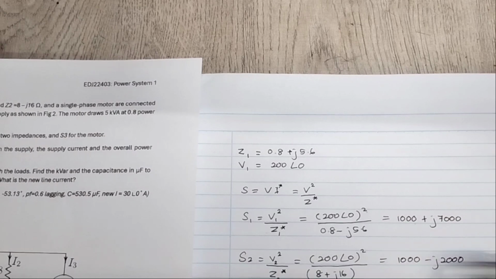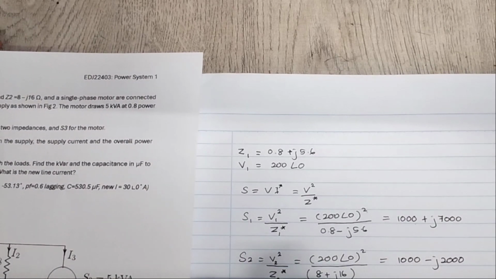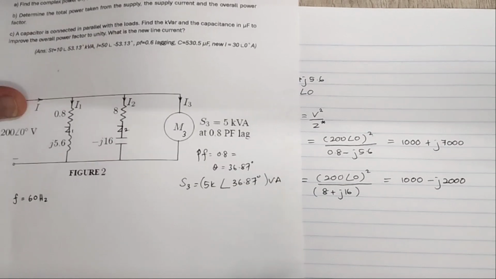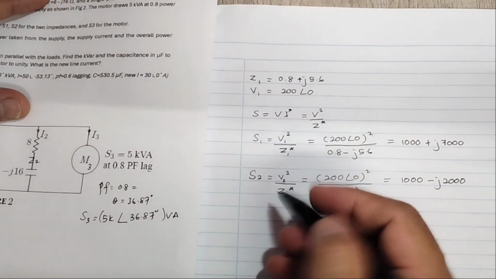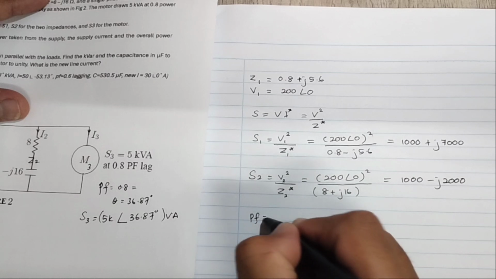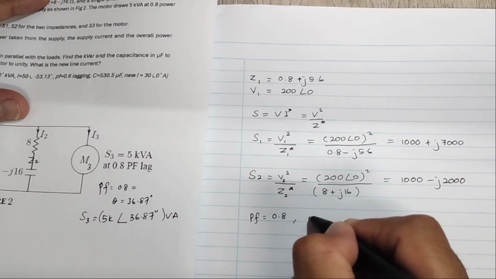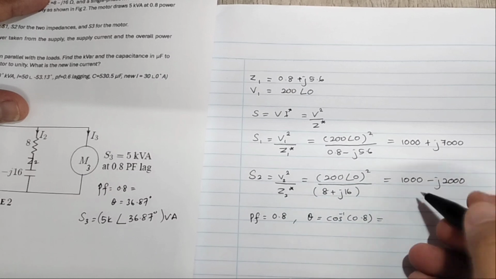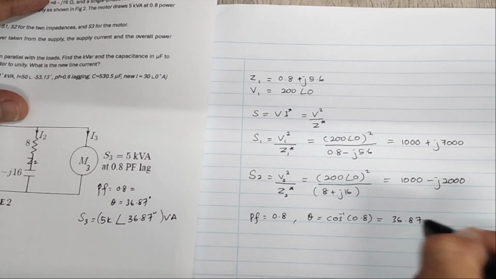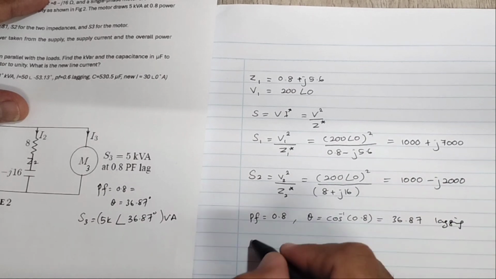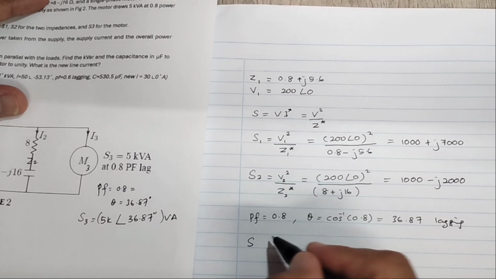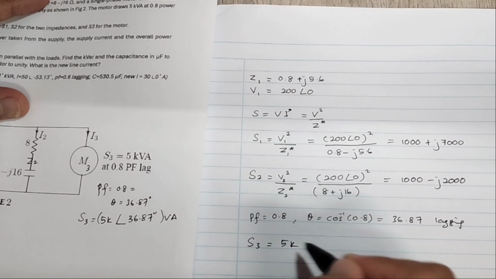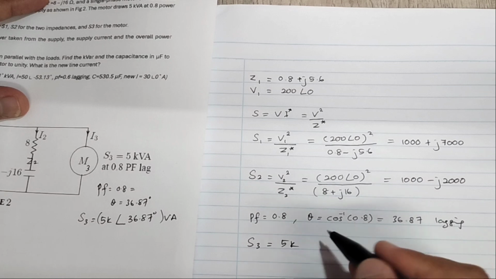Okay, S3 saya ulang balik lah. S3 ni kita dah kira actually. So kita buat balik. So power factor 0.8. So sudut adalah shift cos 0.8, 36.87 lagging. So S3 actually is equal to, magnitude already given 5K, ataupun nak letak value pun boleh lah, 5000.